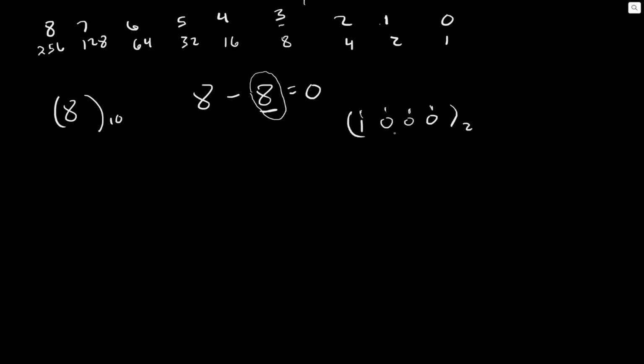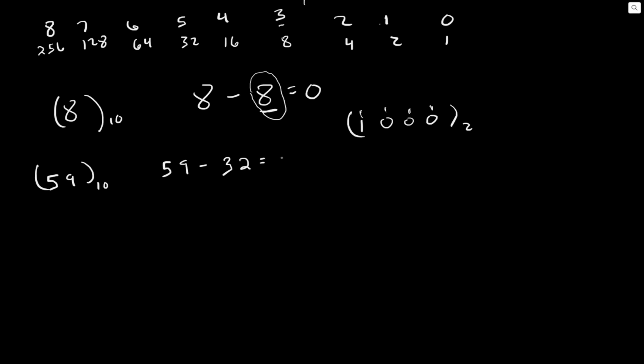Let's do another one. Let's do 59 base 10 and put it into binary. So start with 59 minus your largest power of 2 that's less than or equal to 59, which is 32.